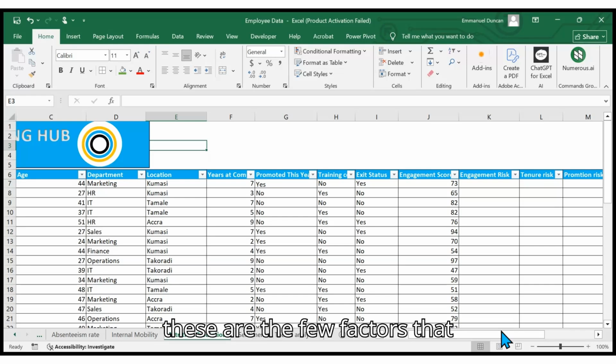So these are the few factors that we are going to consider to predict our attrition in this scenario.